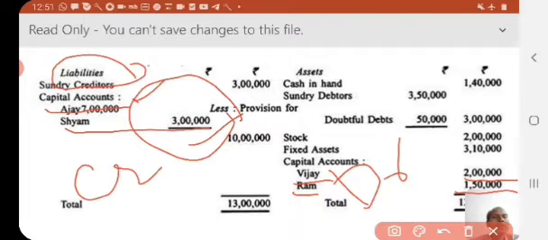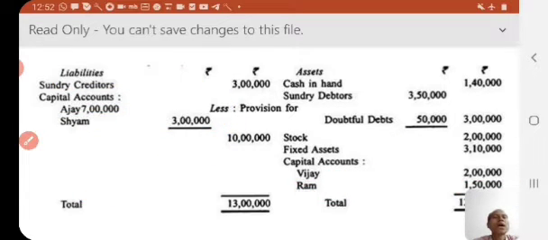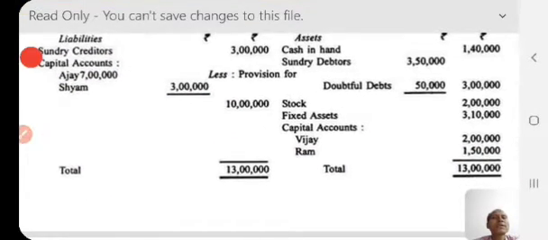So there are two partners with credit balances and two with debit balances, because we are going to solve the problem as per the Garner versus Murray case. Ajay and Sham have credit balances, Vijay and Ram have debit balances.